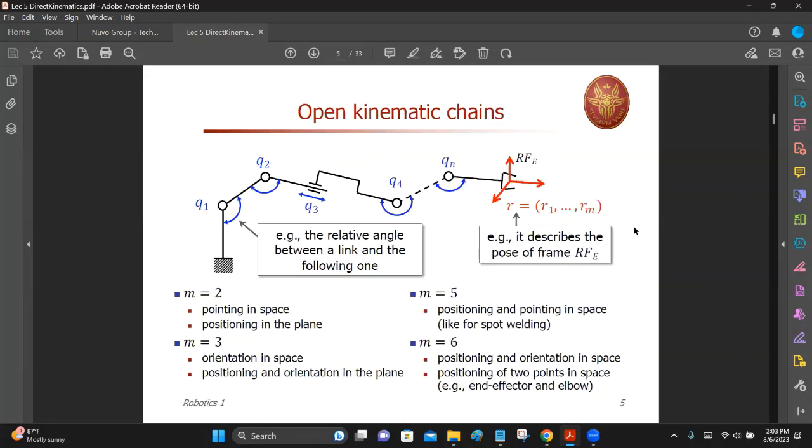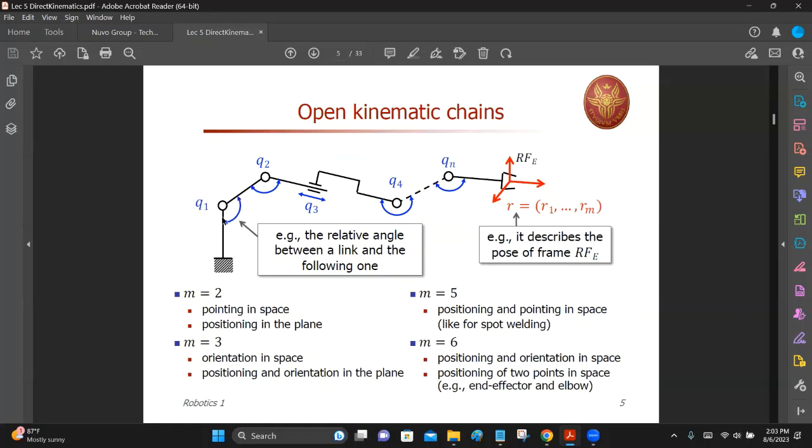Right. Now, with all this information, let's look at this diagram. This is the robot manipulator, right? And this is the base. And you have this link, base link, and this is the first joint. We call it Q1, right?